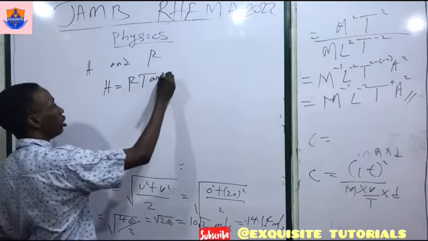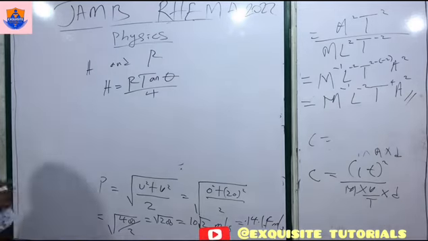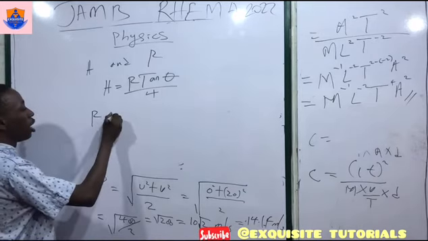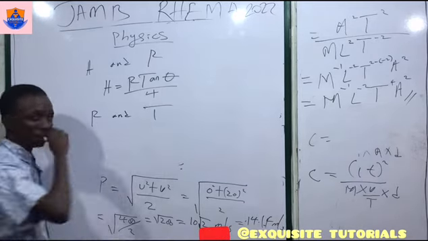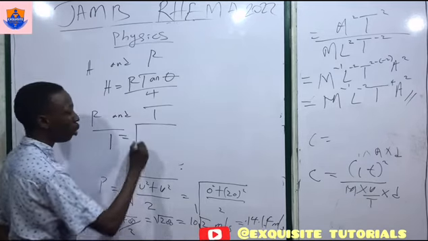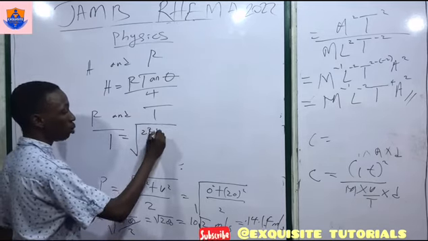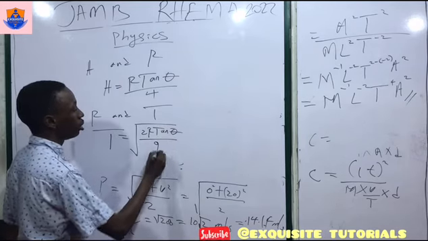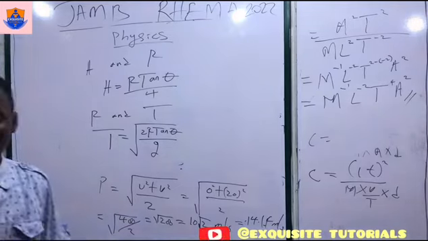And there's a relationship between range and time of flight. The formula goes like this: time of flight is equal to square root of 2r tan theta all over g. Now these are formulas that you might probably be new to.